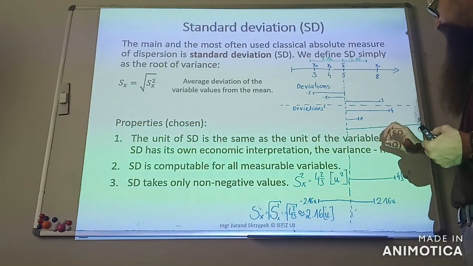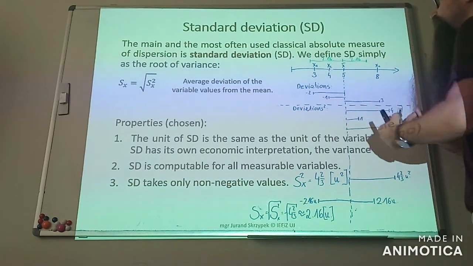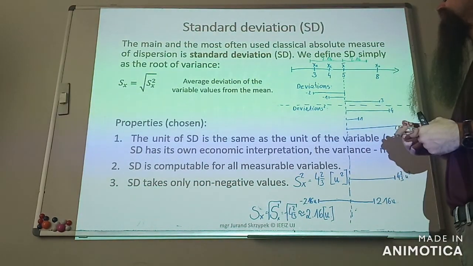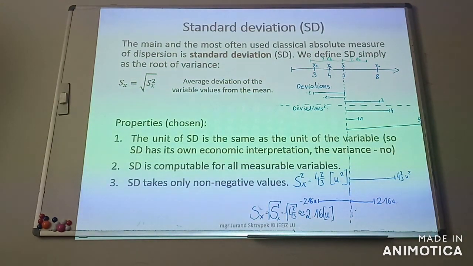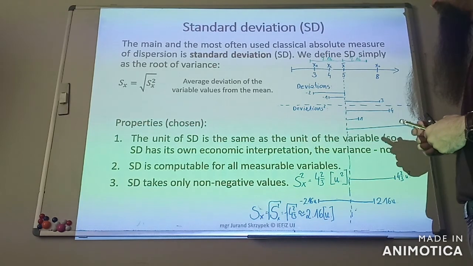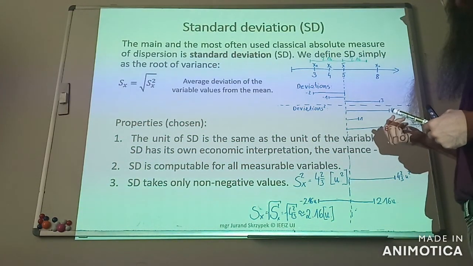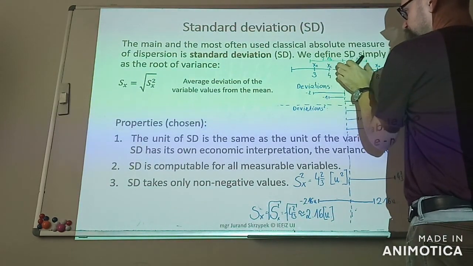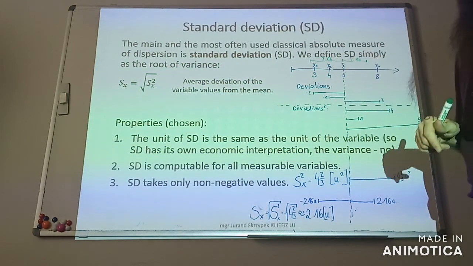Here we have different deviations, but the average deviation is about 2.16, the average deviation of the variable values from the mean. We have used one number, 2.16, to describe different deviations from the mean. This is the average deviation from the mean.